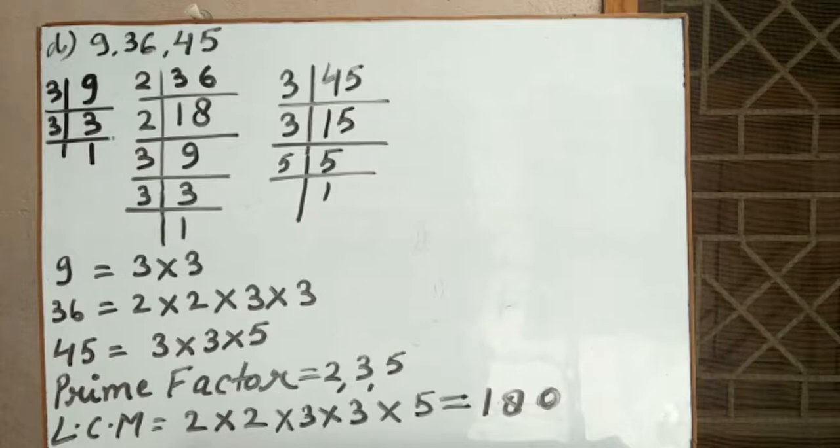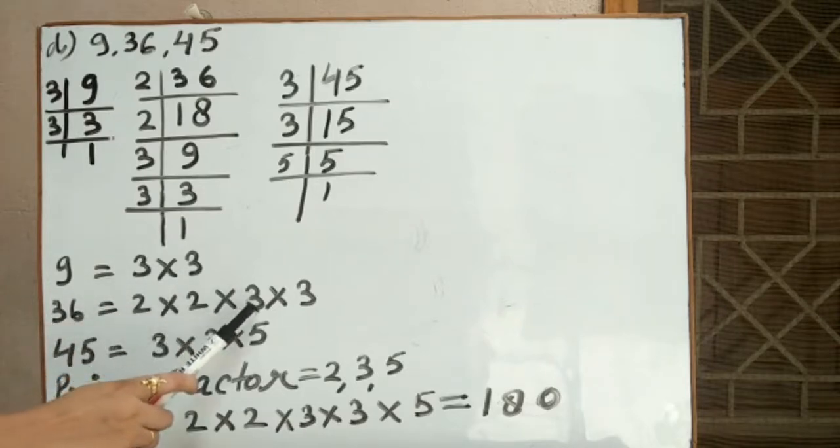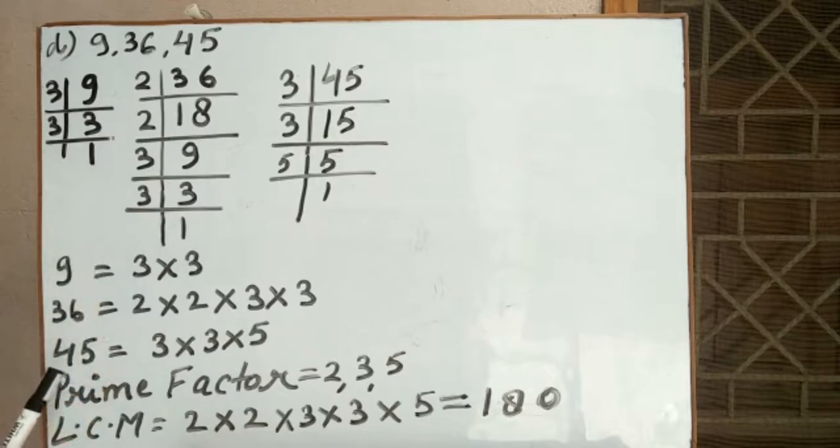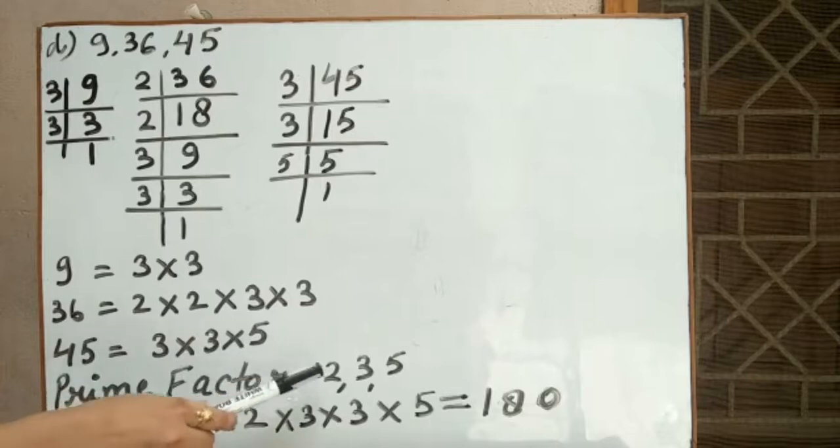Next, D. 9, 36 and 45. Factor of 9 is equal to 3 into 3. Factor of 36, 2 into 2 into 3 into 3. And factor of 45, 3 into 3 into 5. What are the prime factors? We can see 2, 3 and 5 are the prime factors. Understood?